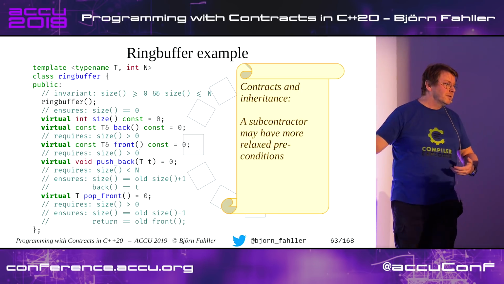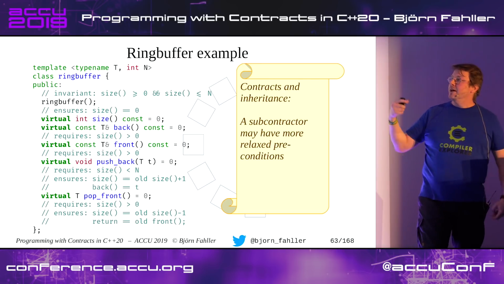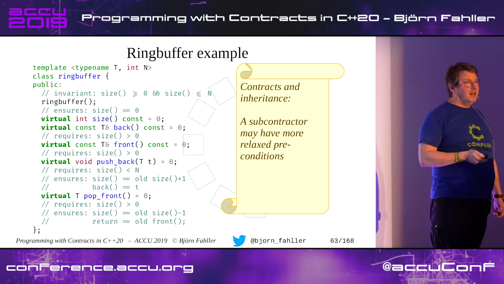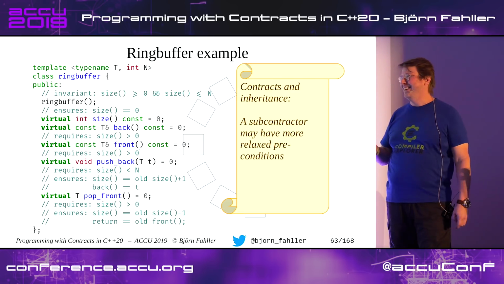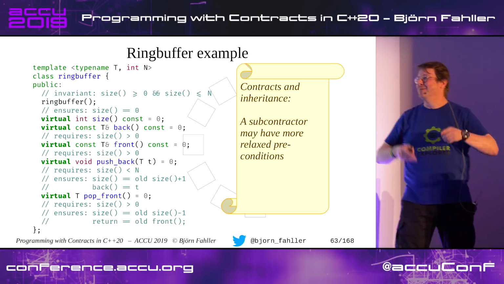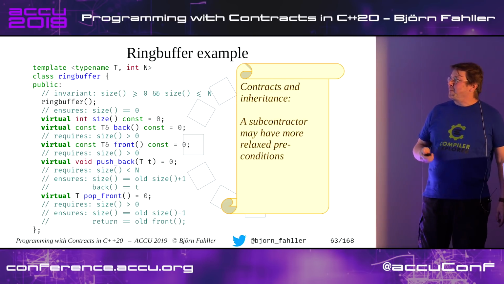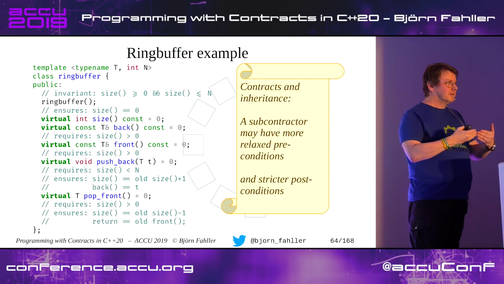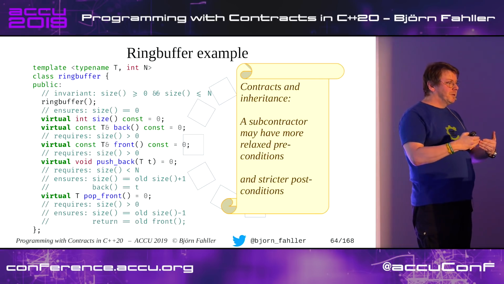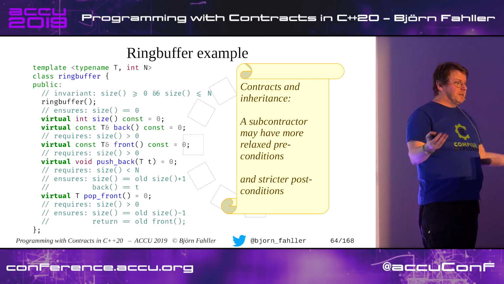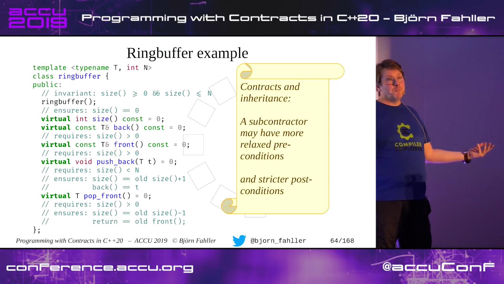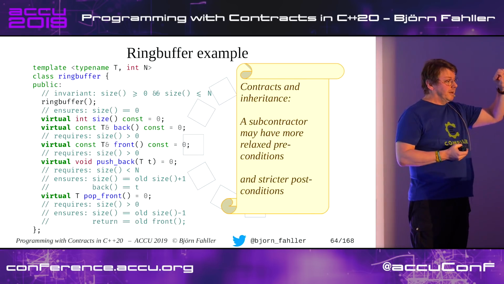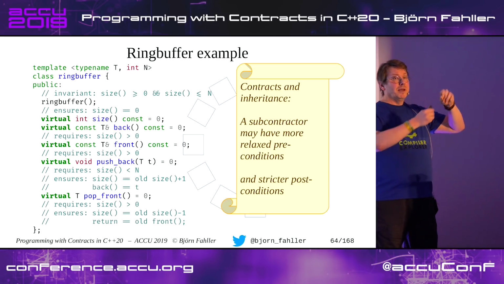So now all functions are virtual. What happens with the implementation? What can we say about the contracts there? I'm seeing sign language here from Hubert Matthews. It is perfectly okay from a philosophical point of view to have a subcontractor that has more relaxed preconditions, it accepts more, and stricter postconditions, because someone who knows exactly what the concrete class is can make use of that.